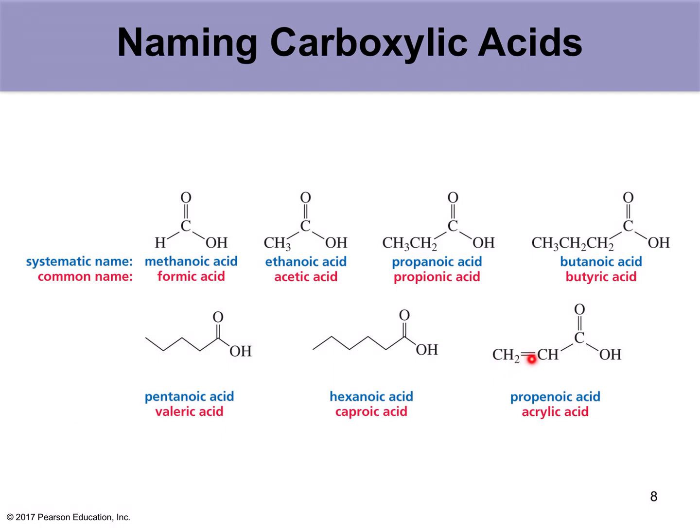If you don't have a double bond, it would be propanoic acid. Since there is a double bond, we call it propenoic acid. It doesn't have to say where the double bond is because there is no other place you can put the double bond other than here. So propenoic acid or acrylic acid.